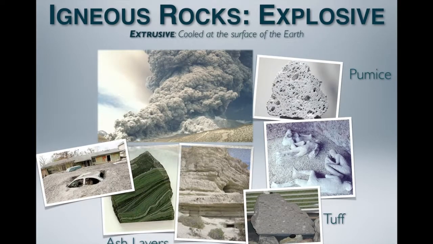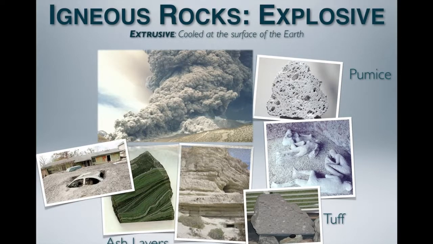All right, so now we have explosive igneous rocks and extrusive rocks. So this is where we have volcanic eruptions that are quite explosive. So again, that is from there being water and other volatiles in the system.